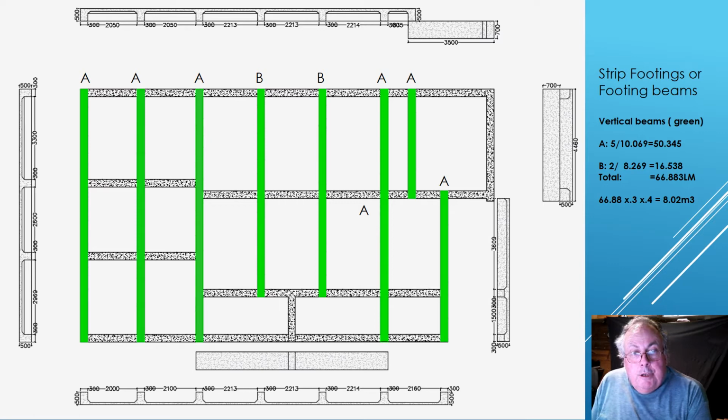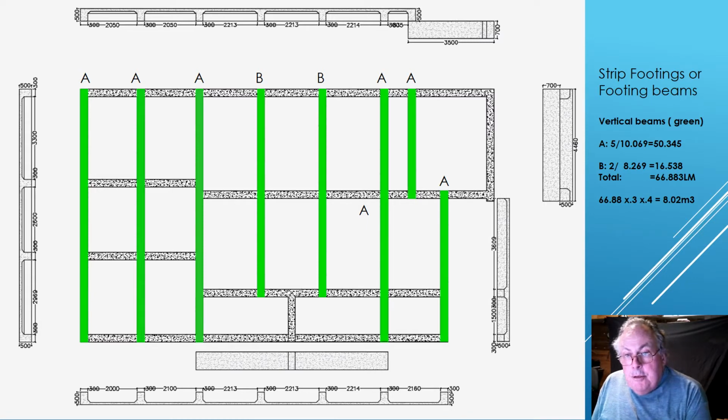Strip footings or footing beams. I've chosen to highlight each beam as I add them up, and in this instance, each of the highlighted strip footings are 10 meters 69 long, and there's 5 of them. One of them is actually broken into 2 little sections, but that's not so big a problem. We can still see that it's pretty much effectively the same length.